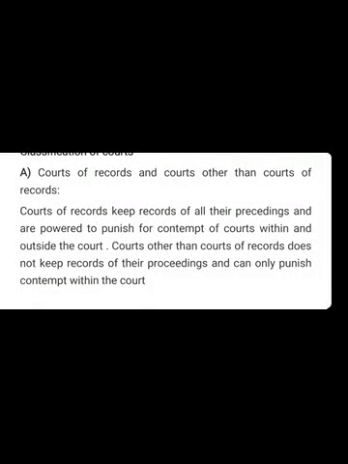Let's start with courts of record and courts other than courts of record. Courts of record keep records of all their proceedings and are empowered to punish for contempt of court within and outside the court. While courts other than courts of record do not keep records of their proceedings and can only punish contempt within the courts.